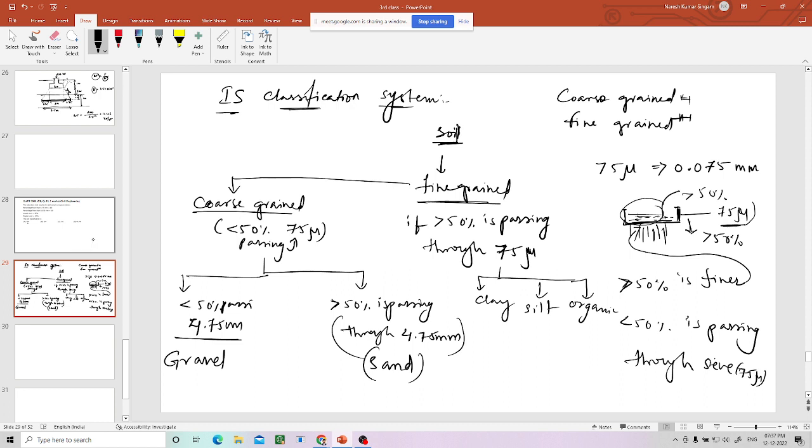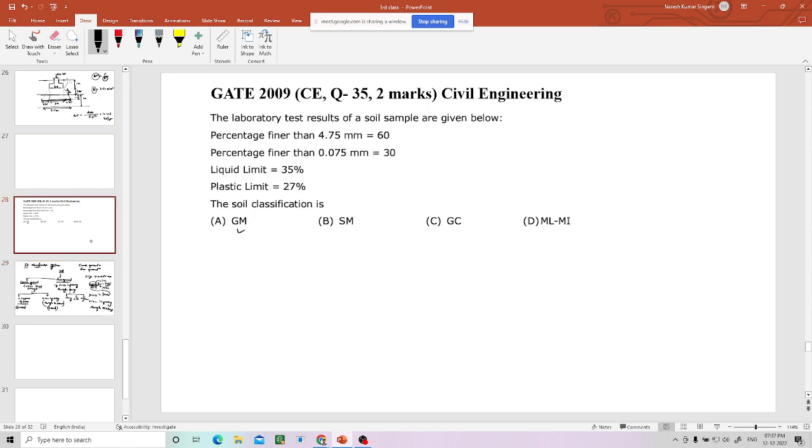So let us go back to the question first. What are the things given here? The laboratory test results of a soil sample are given below.